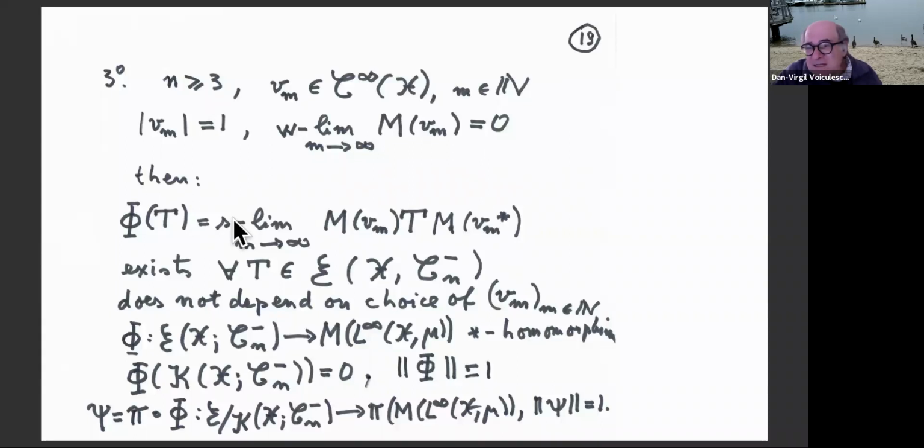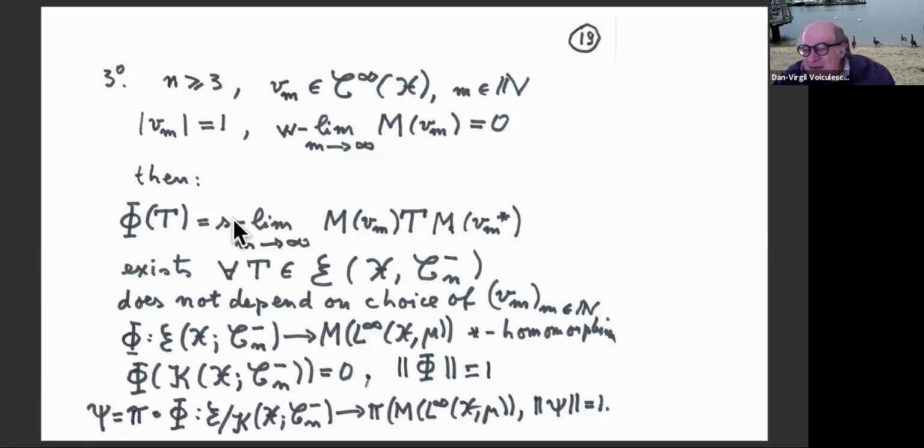So from dimension 3 on, if I take a sequence Vm of C infinity functions, which are of absolute value 1 all the time, so it's functions from X into the unit circle, and I'm looking at the multiplication operators by this Vm, and I assume that their weak limit as m goes to infinity is 0.